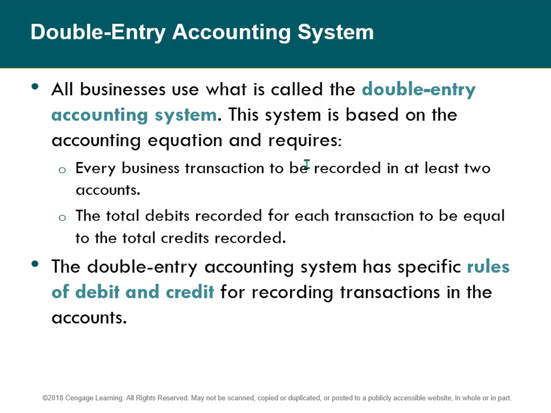The other thing that makes this work is that the total debits recorded equal the total credits. The double entry system has specific rules of debit and credit for recording transactions, and we will do so many of these that by the time you're done with this module, you'll know this and it won't be any problem.